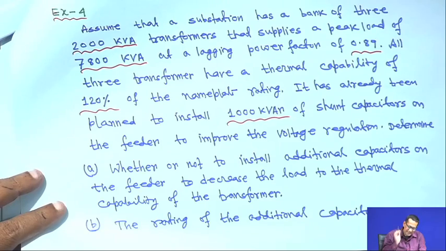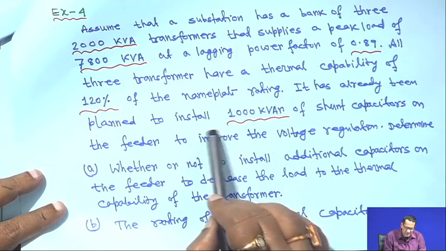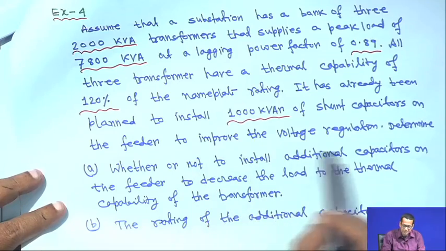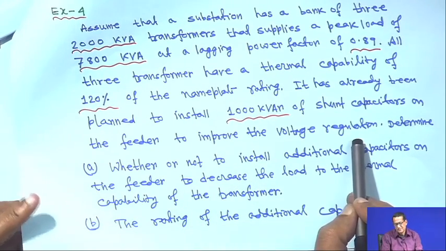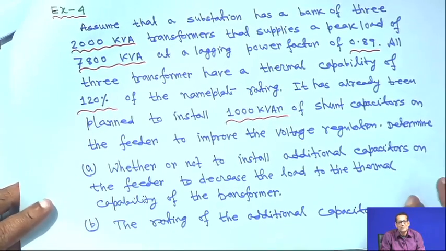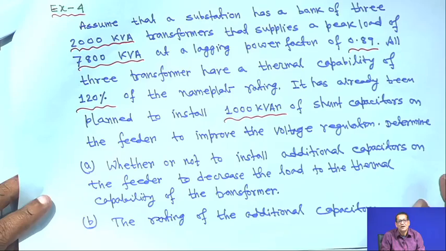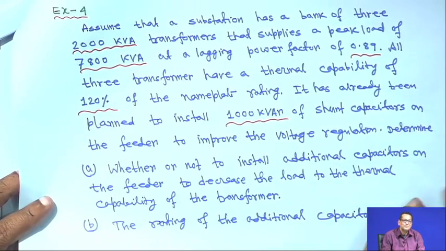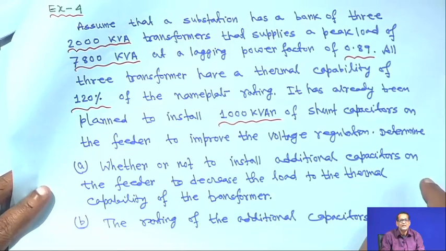It has already been planned to install 1000 kilovar of shunt capacitors on the feeder to improve the voltage regulation. That means Vs minus Vr will improve, that is, you are trying to improve the transformer voltage regulation, which you have studied for the transformer.